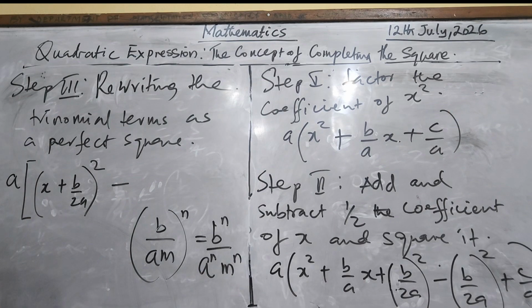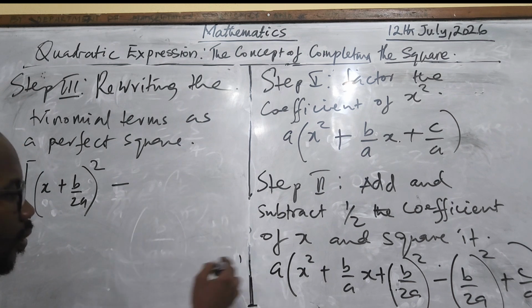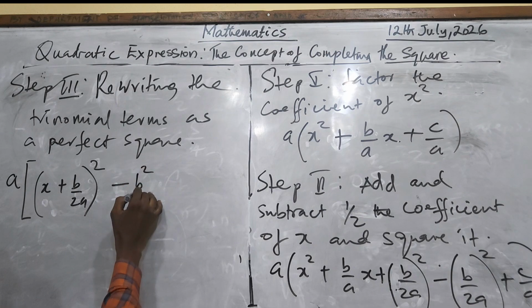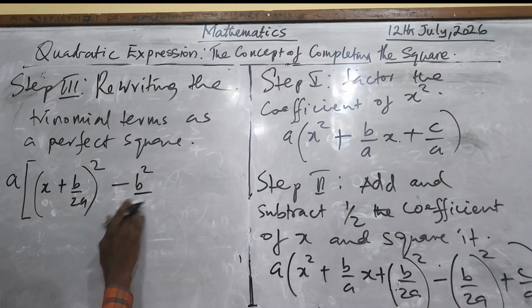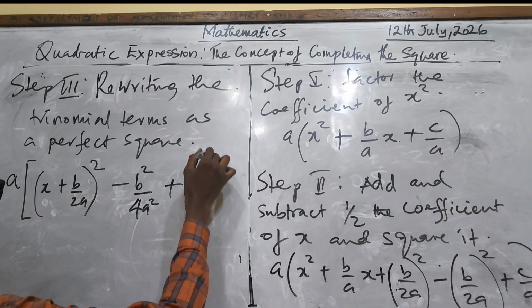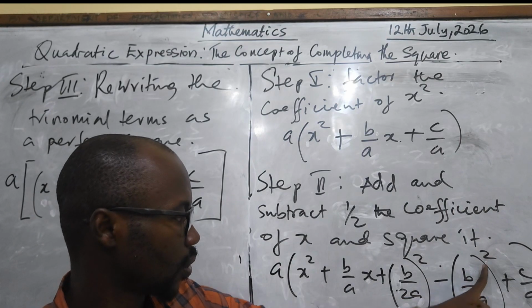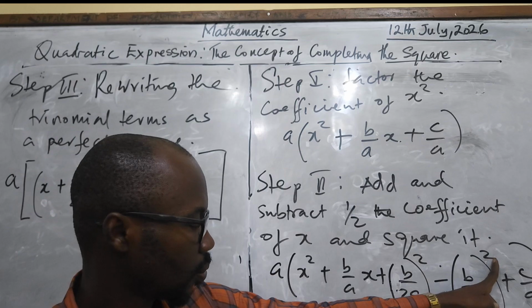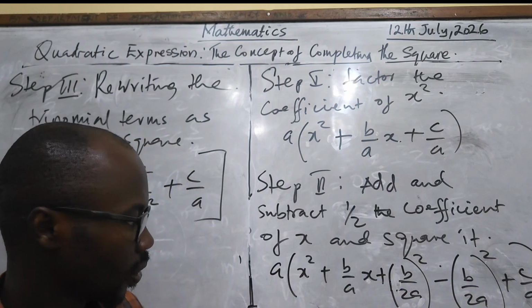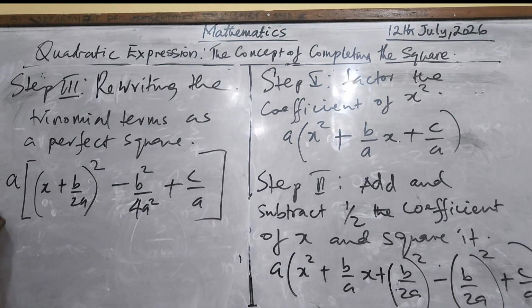So in this case, I will be having b squared all over 4a squared plus c all over a. Of course, 2 raised to the power 2 is 4, a raised to the power 2 is a squared, b raised to power 2 is b squared.